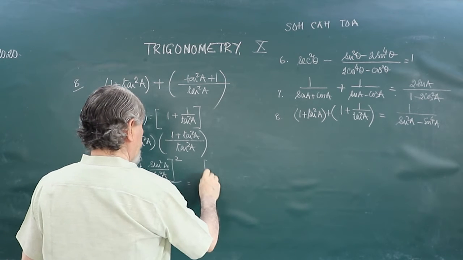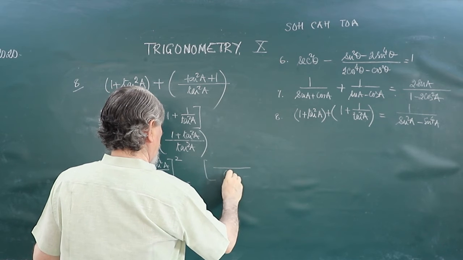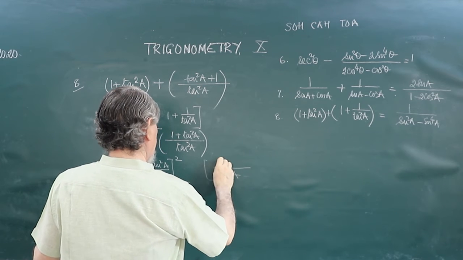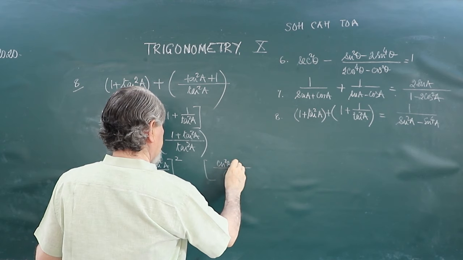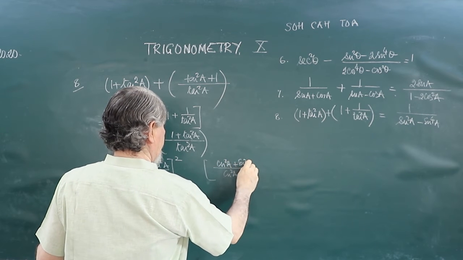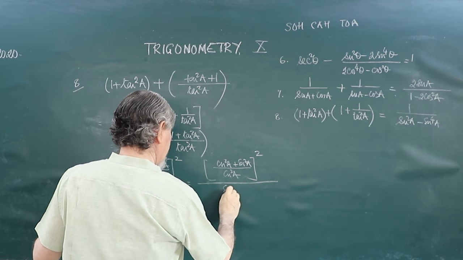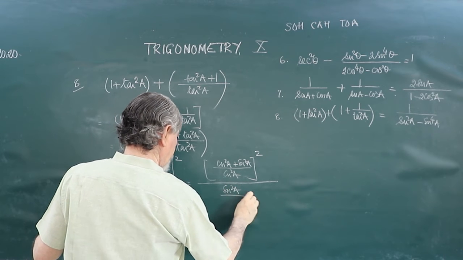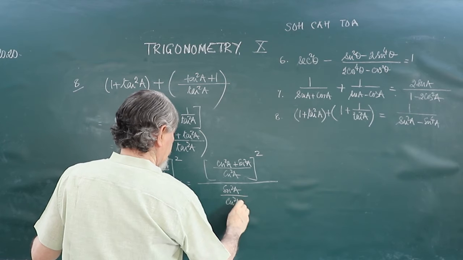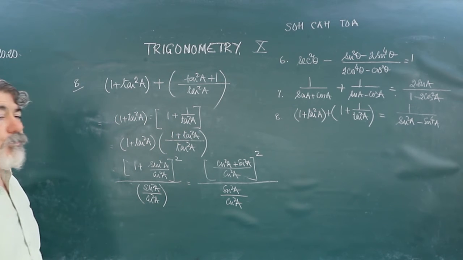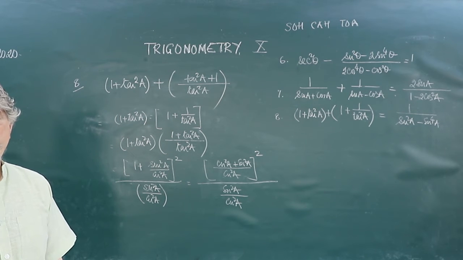It will become what? Cos square A plus sine square A to the power 2 upon sine square A upon cos square A. You know sine square A plus cos square A is 1.